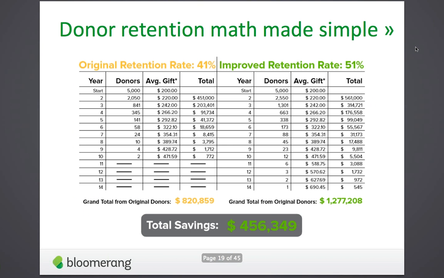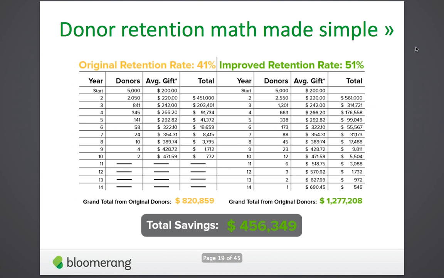If you had 1,000 donors in 2012 and 450 of them gave again in 2013, you would have 450 over 1,000, or a retention rate of 45%. Being able to have that at your fingertips makes such a difference in knowing whether or not the processes and procedures you put in place are helping.